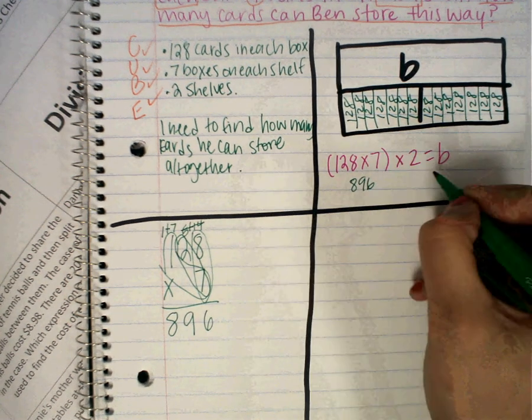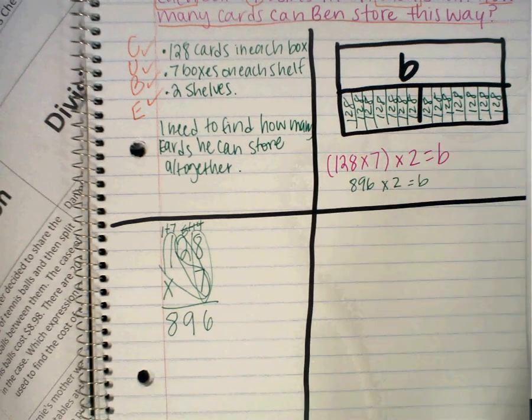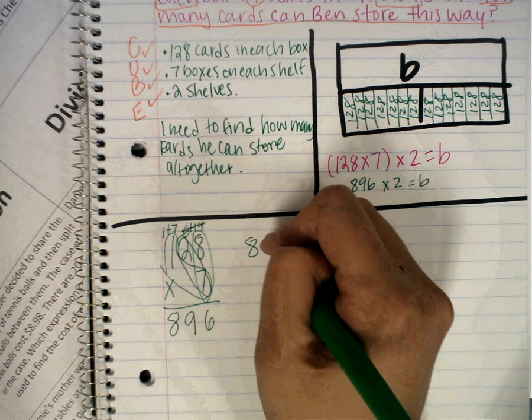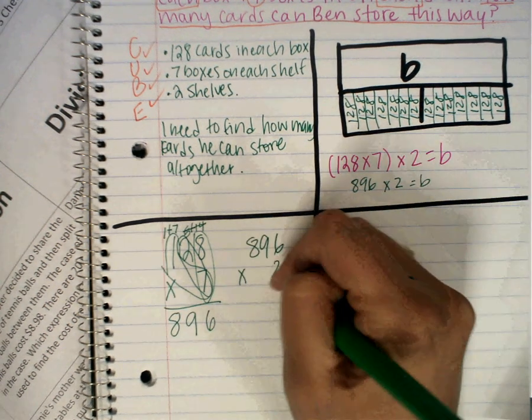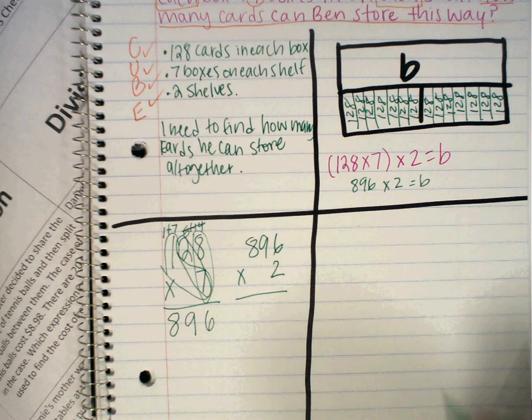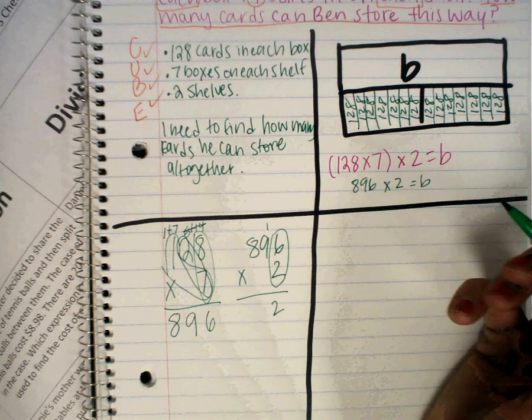So once I got that answer, what did they want me to do? Multiply it by 2 to get B, right? So now let's do 896 times 2. What is 6 times 2? 6 times 2 is 12. So circle, 2 goes down, 1 comes up.